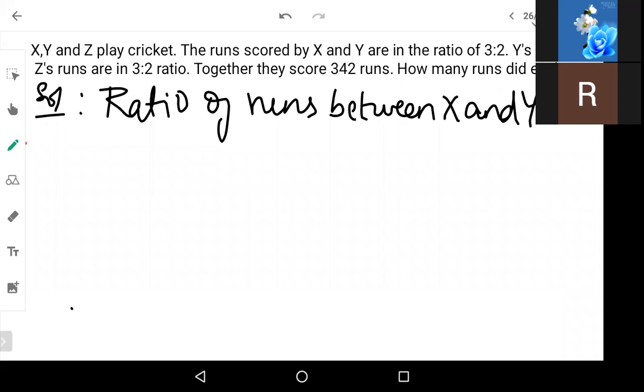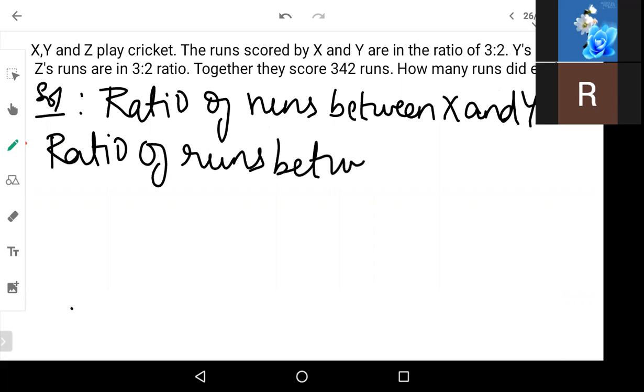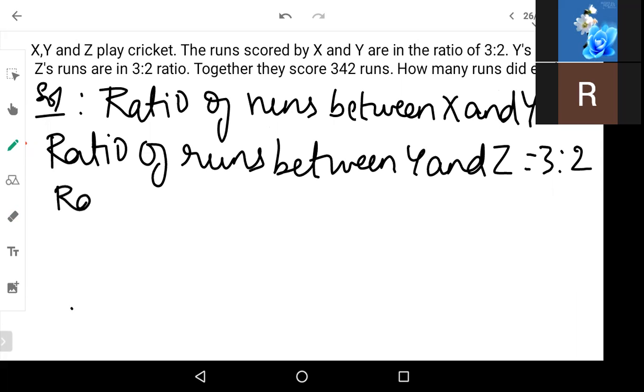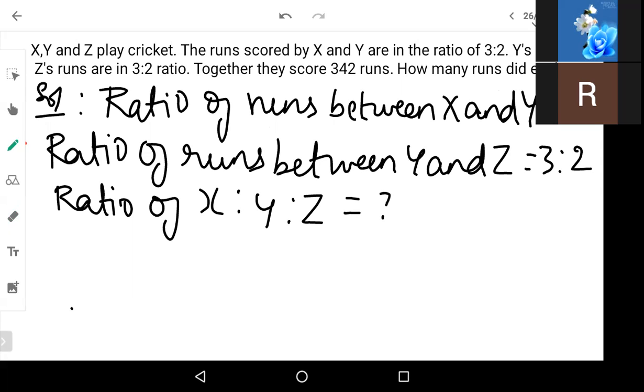Then again, the ratio of runs between Y and Z is also 3:2. So the ratio of X is to Y is to Z is equal to how much? So how do we find out?